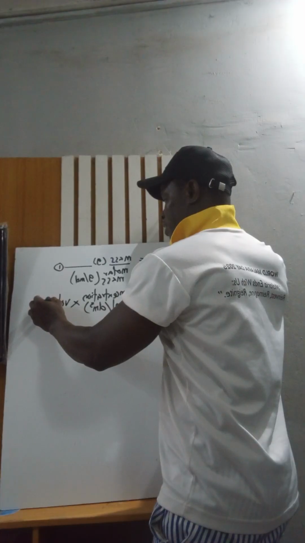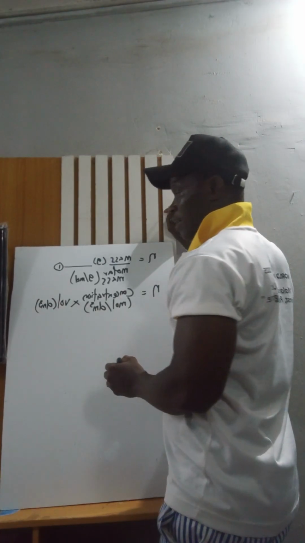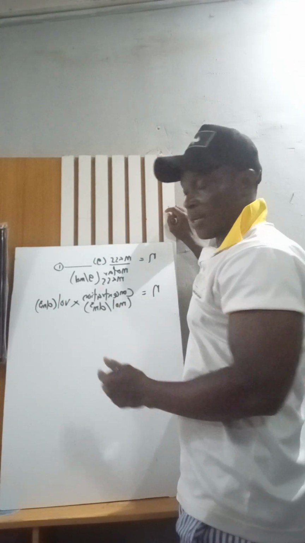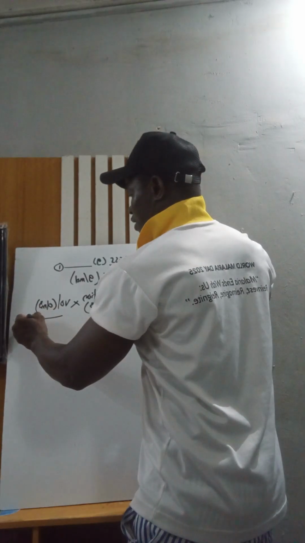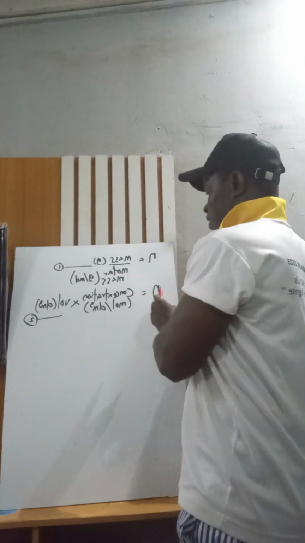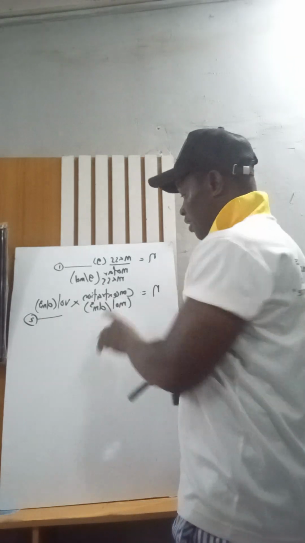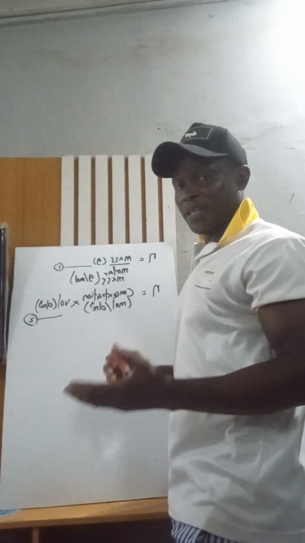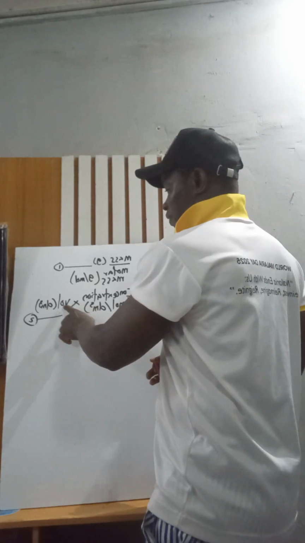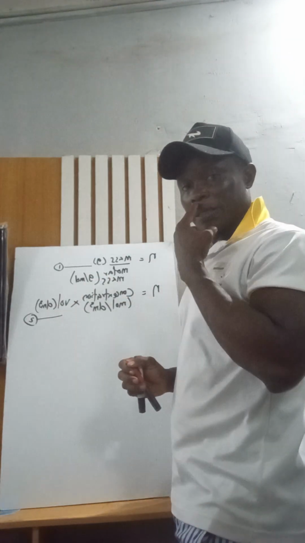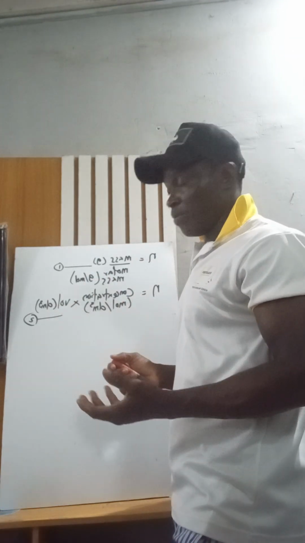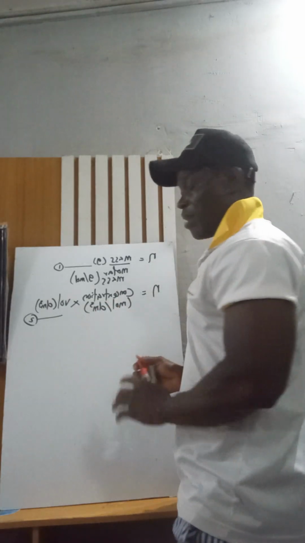This volume is in dm cube, then you don't need to divide it by 1000. We call this equation 2. So the number of moles is concentration in mole per dm cube times volume in dm cube. You don't need to divide by 1000.